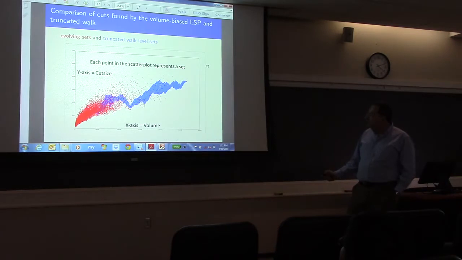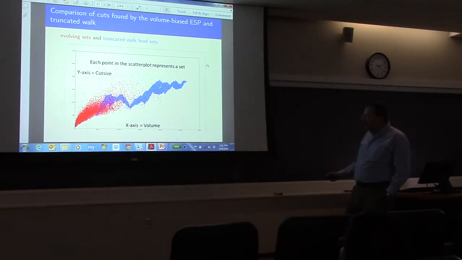This is a graph showing just one example of performance versus the truncated random walk algorithm, and the blue points represent what you get from the random walk. So here is the volume of the set we found, and on the y-axis we have the size of the cut.